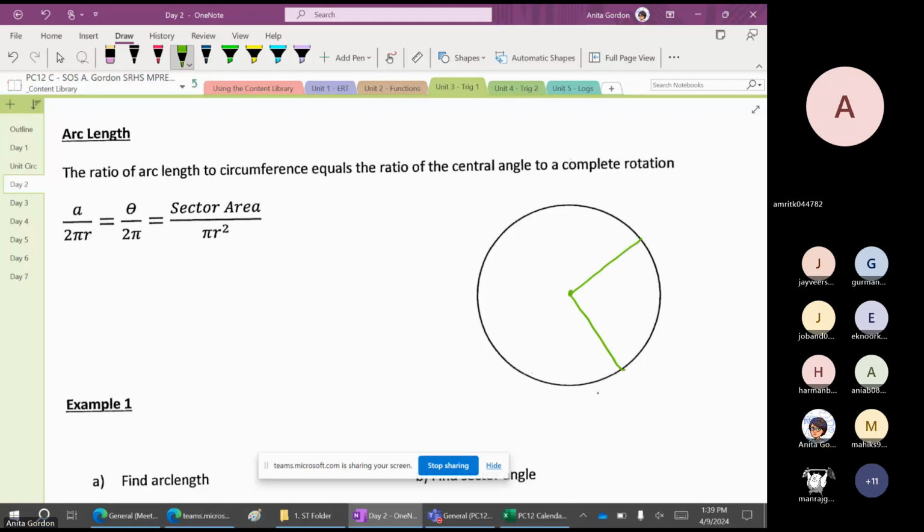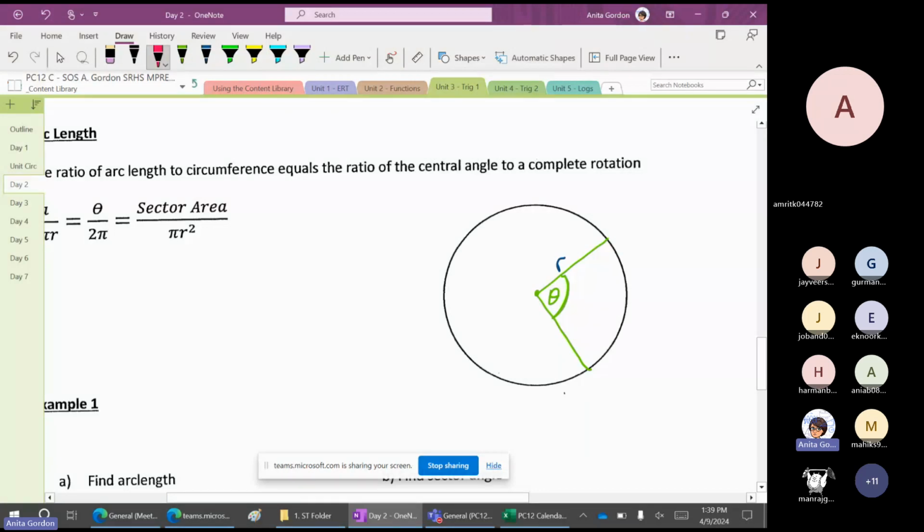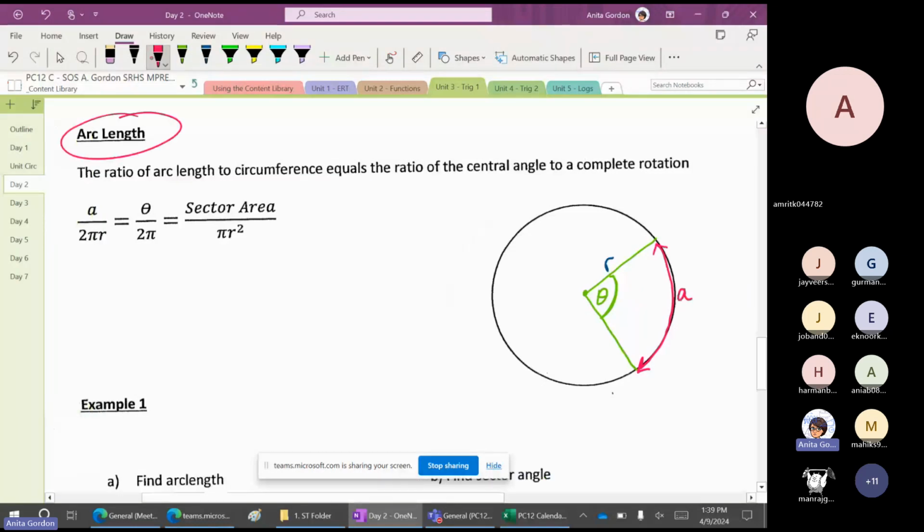Now, the angle, which we're going to represent with theta, the radius, which we're going to represent with r, and the arc length. Arc length means the length around just the piece that you cut out. That is your A. Okay, so arc length equals A. The length of the piece, but just on the outside.